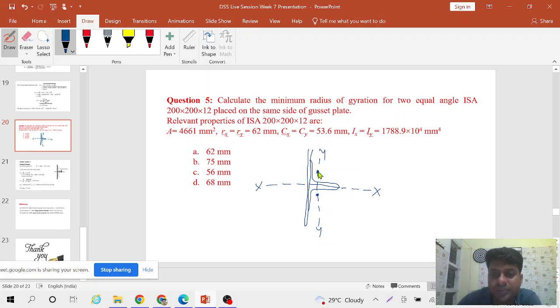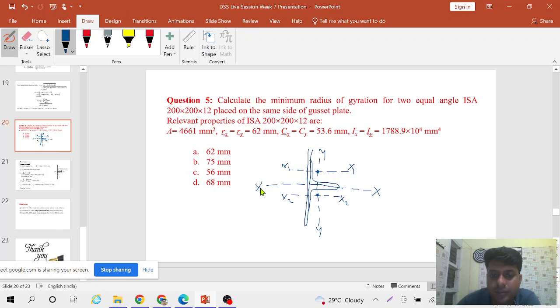So the YY axis of this section will be the final YY axis of the entire design, but X will change, because earlier the X axis was passing through here for this member, and for this member the X axis was passing from here. So I am calling it X1 X1, and this was X2 X2.